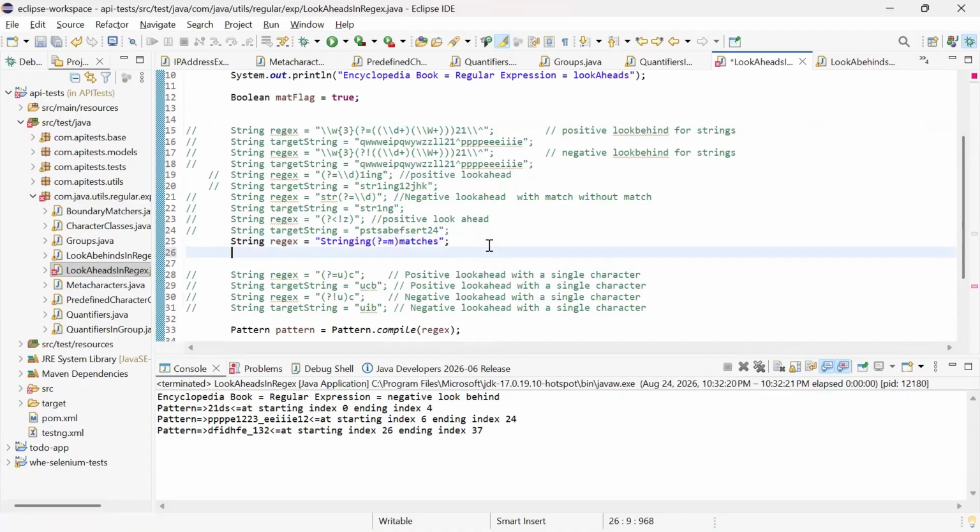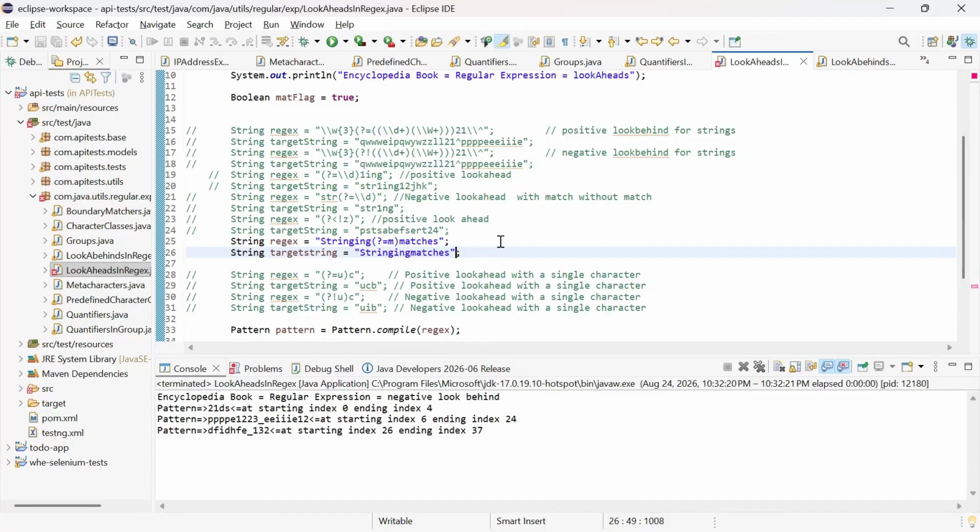And now here we have the target string. I would define the target string as something which will match this, and obviously I have to tweak it myself. I'll keep "stringing matches" here.